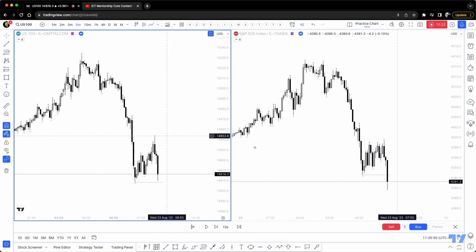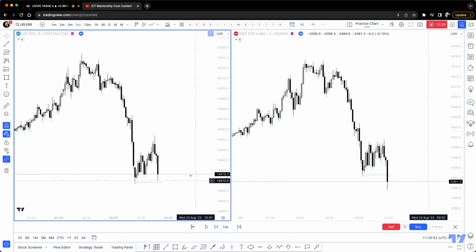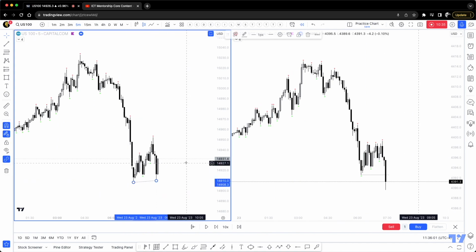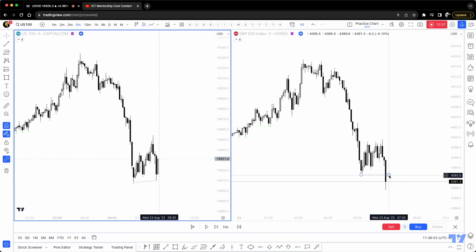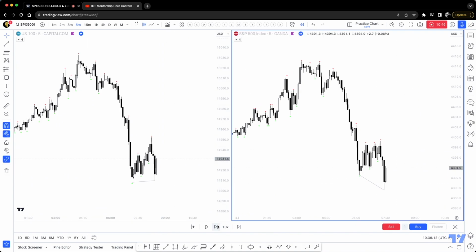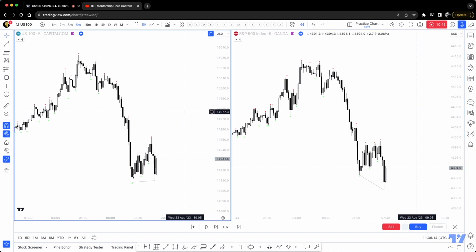We see that Nasdaq is rejecting to break this low. It's actually creating a higher low right there. But when we go to S&P, it just broke that low, right? So we're starting to have a divergence. We're starting to show that divergence. So where can we enter? Okay, remember the rules.